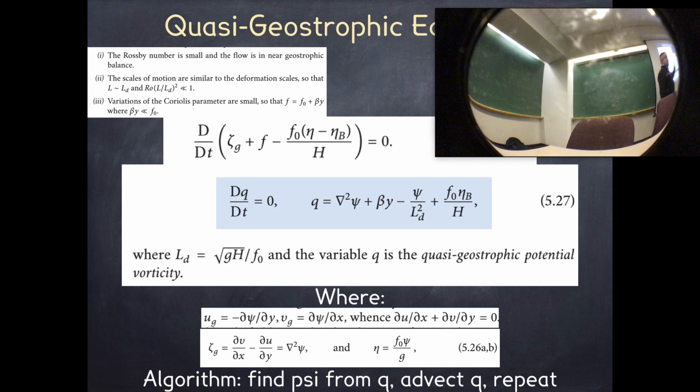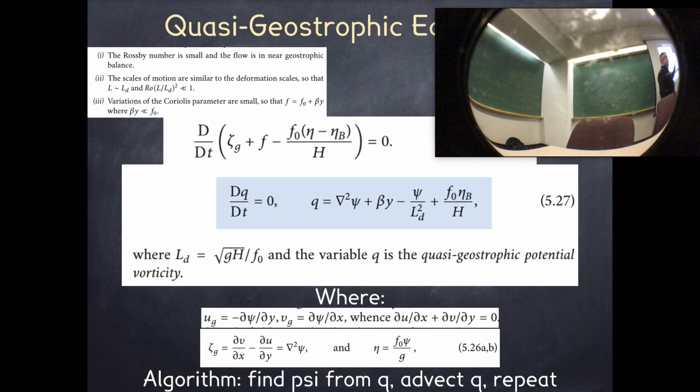So this is one step more complicated than the geostrophic adjustment problem in that it's nonlinear. The linearized QG equations are what we use for geostrophic adjustment. This is the nonlinear quasi-geostrophic equations.